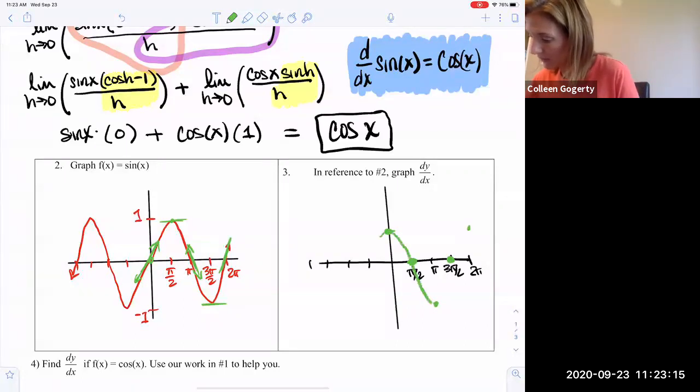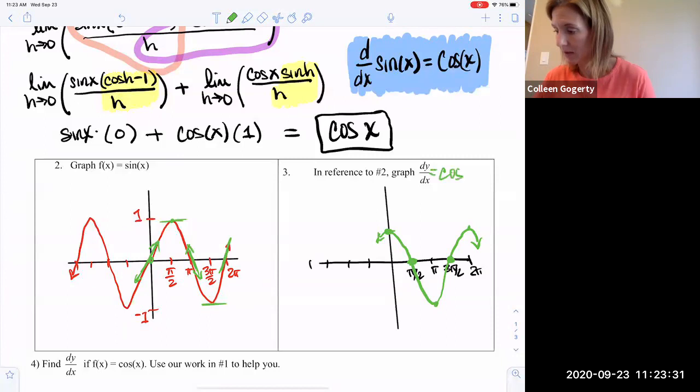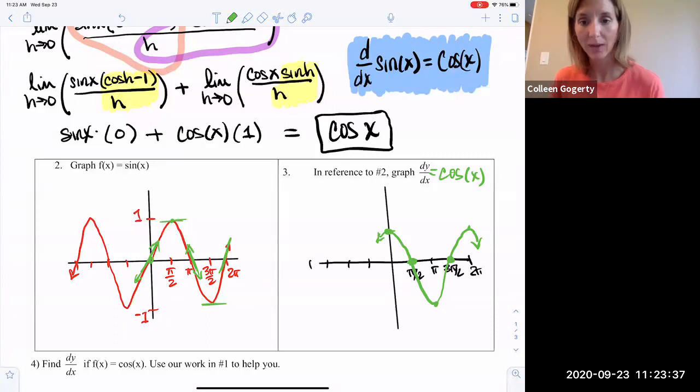And look at this, if we start graphing all of these in, here is just a visual confirmation that the derivative of sine is cosine. So dy dx of sine is cosine.